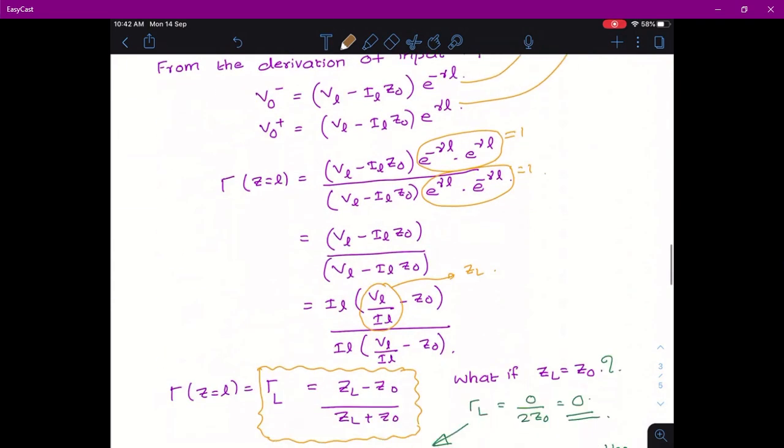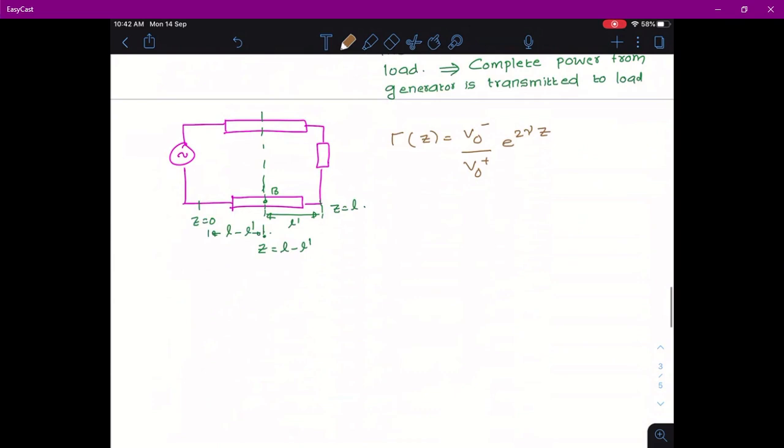And tau of z at z equal to L minus L dash is equal to V0 minus by V0 plus e raised to 2 gamma into L minus L dash.